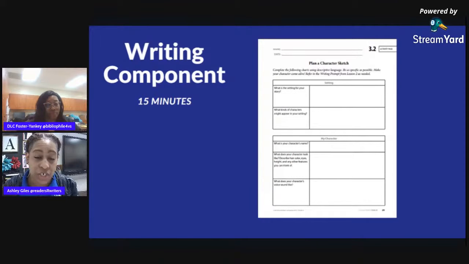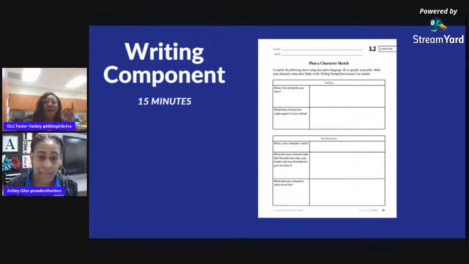Then at the end, students will share out how they have transformed their descriptive sentences about their characters. That's it. Make sure they keep this for future lessons because they will come back to 3.2. And that will complete lesson 4.